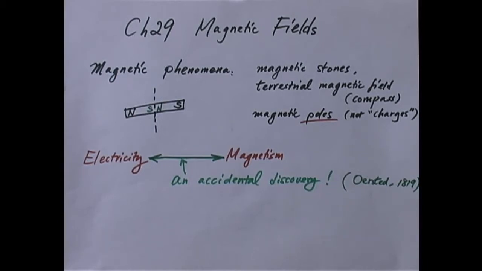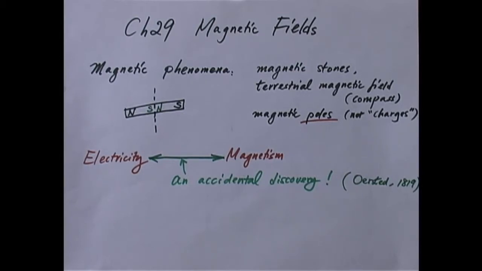The reason it can indicate the north and south direction is that the Earth itself is just a giant magnet. So it will exert a force, or more precisely a torque, on the compass, which is just a magnetic stone, causing it to align with the north-south direction.